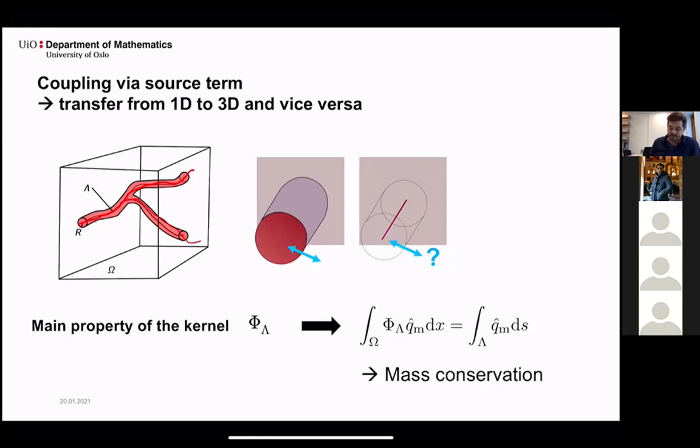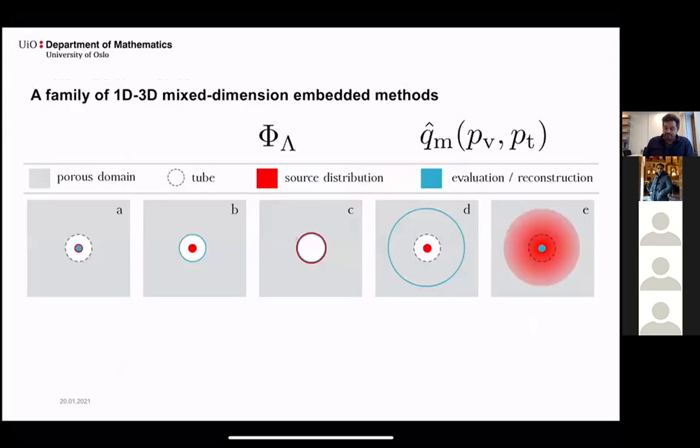So we have mass conservation. And there's now a family of these 1D, 3D schemes, and they come from different choices of this kernel. And depending on the kernel, you might also use some kind of reconstruction to compute this source term.